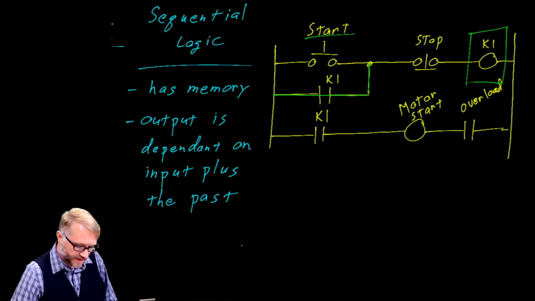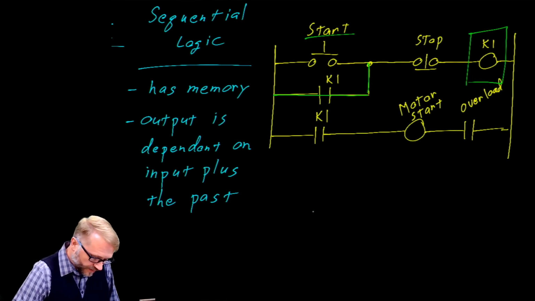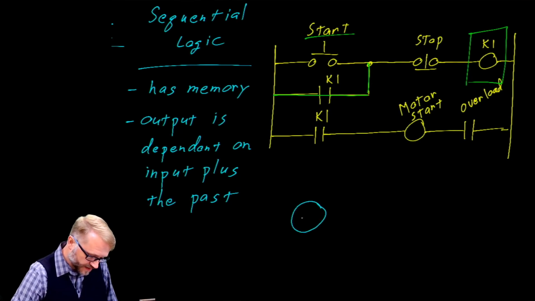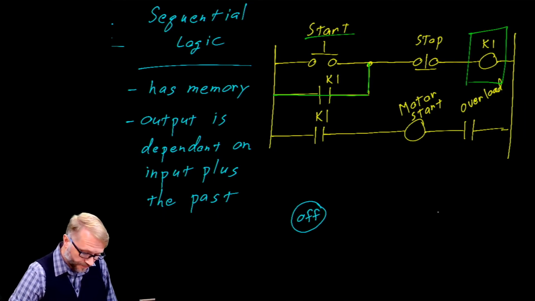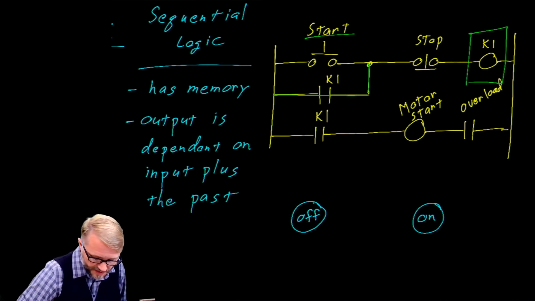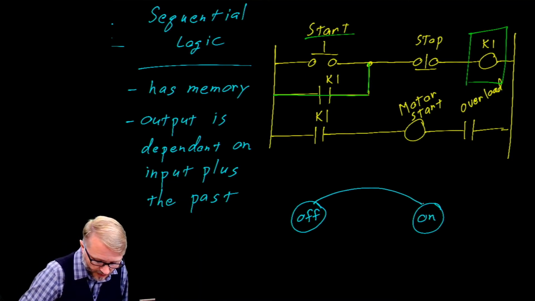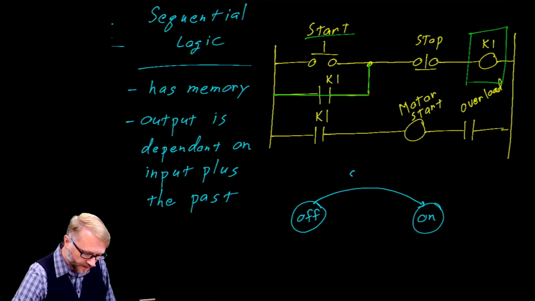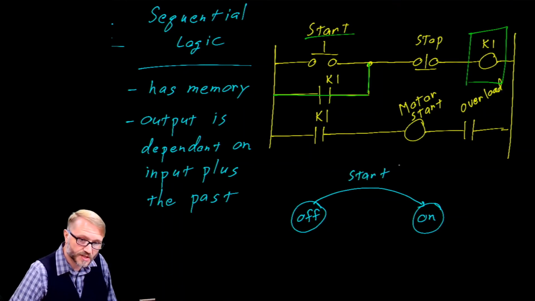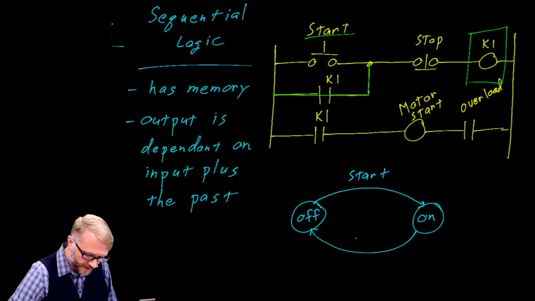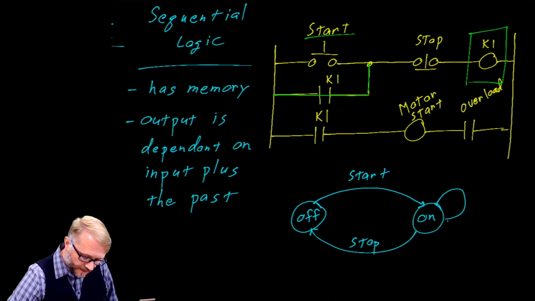If this was a digital logic class, we would have used language like this. We would have said we have 2 states. We have an off state and we have an on state. You can transition from off to on by pushing the start button. You can transition from on to off by pushing the stop button. There are 2 more loops here.